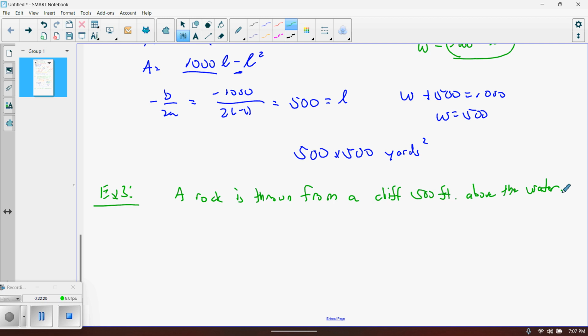So for right now, just assume it's at a 45-degree angle. It is thrown at 400 feet per second.